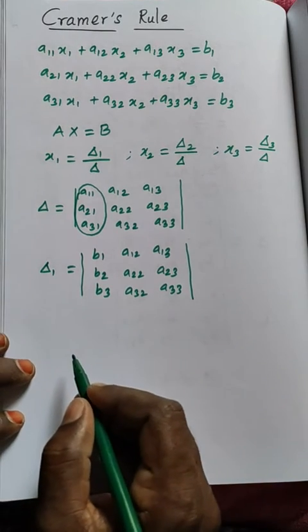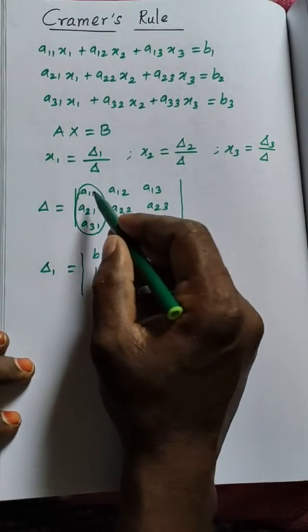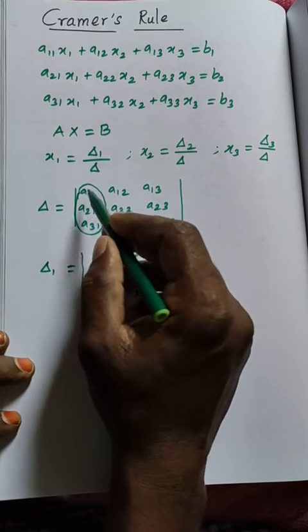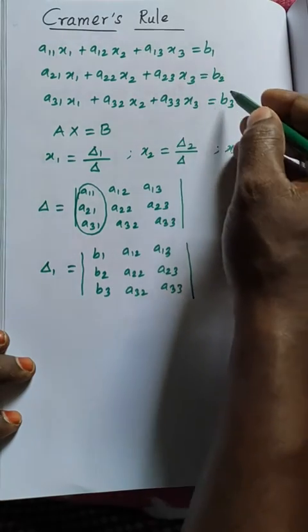This is delta 1. It's a very simple one. Remove all the x1 coefficients and insert the constant matrix B.